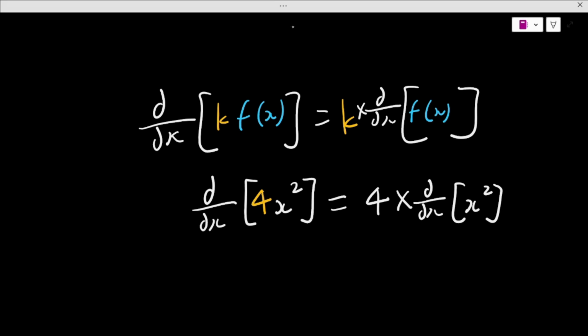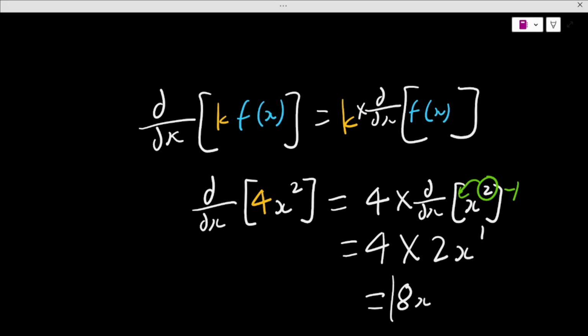The derivative of x squared, just bring the power down, subtract 1, so it's going to be 4 times 2x to the 1 power, so this is 8x.